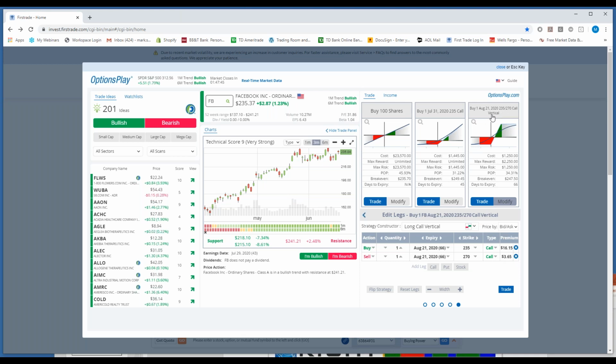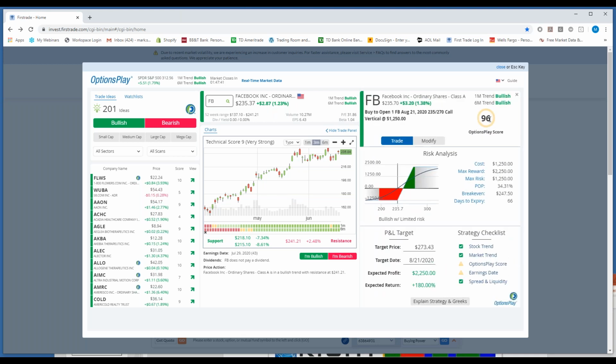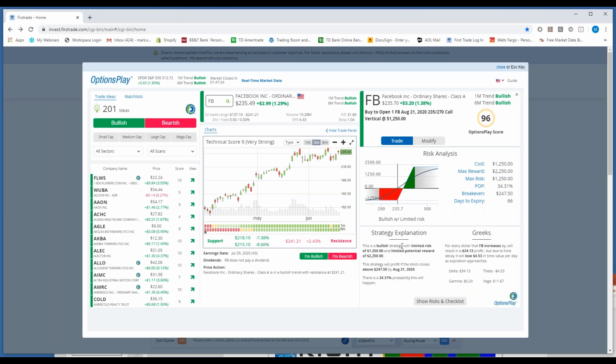Now the trade is an August vertical. And if we look at the metrics, it's still got a 96 score, still very high. Our expected profit is $22.50. We're looking at 180% return. And if we go to the Greeks, we can see that we've increased the probability of a win from 33% to 34%.